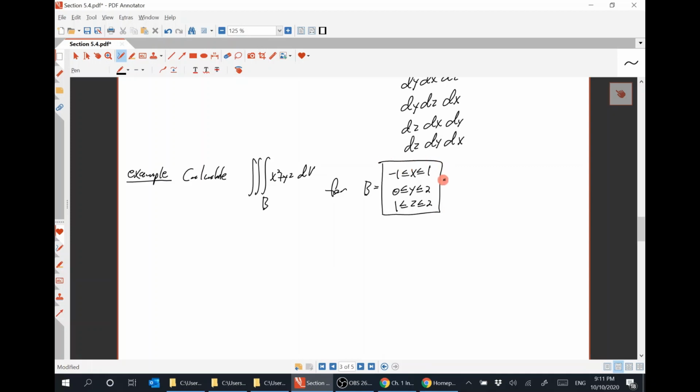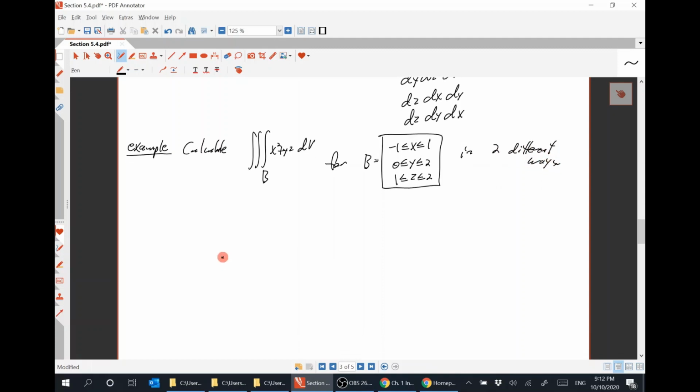And let's calculate this in two different ways. I'm not going to do all 6, obviously, but let's try two different ways of doing it.